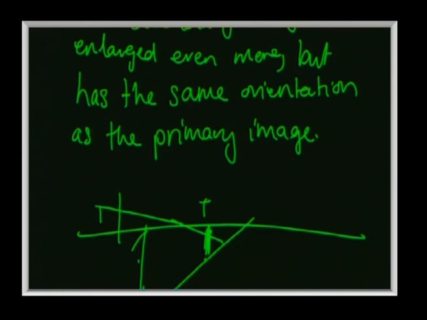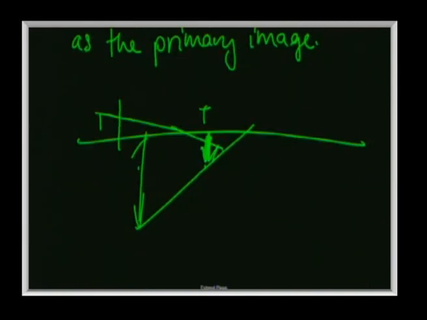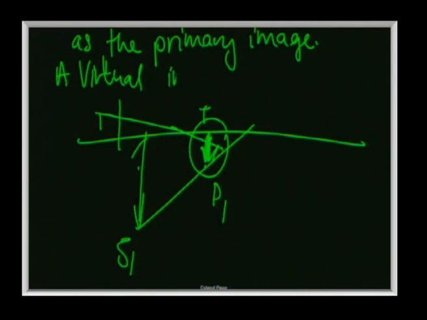Okay. And if it has the same orientation as my primary image over there, that is my primary image, this is my secondary image, then this would mean that I have a virtual image. So a virtual image is then formed.